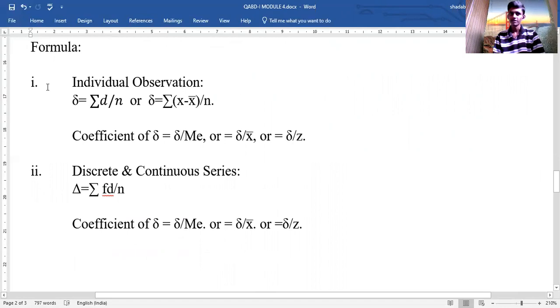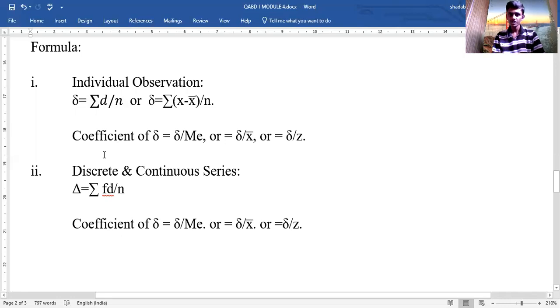As we know, we have individual, discrete and continuous series. When individual observations are given, delta, which denotes mean deviation, equals sigma d divided by n, or delta equals sigma of x minus x bar, that is d, divided by n.